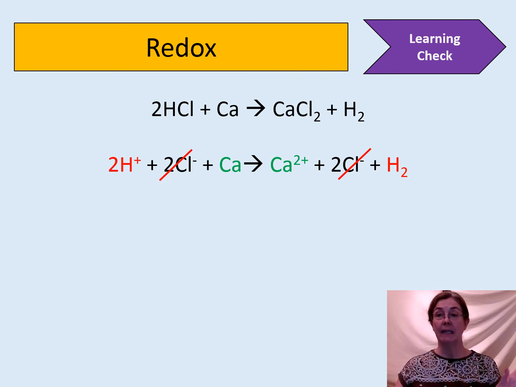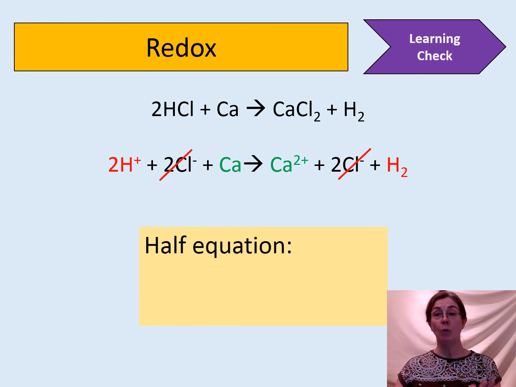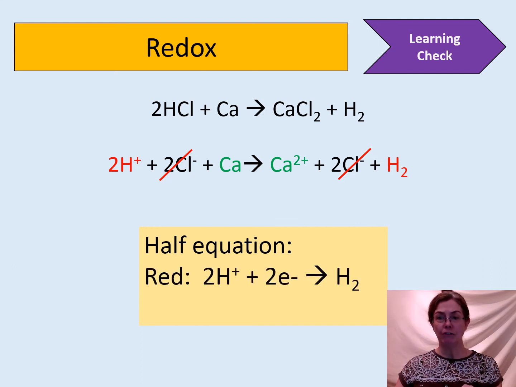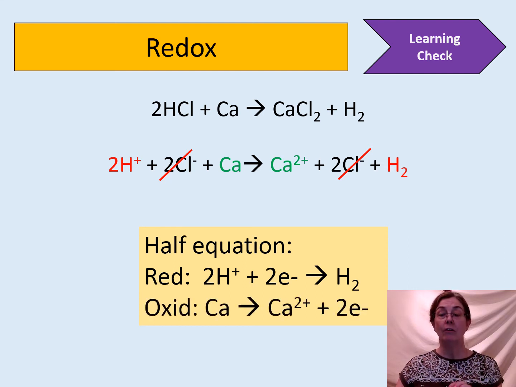So in this case it's the hydrogen ions that are changing, and the calcium is changing. So we split that into two half equations, two half reactions. The reduction reaction is where the hydrogen ions are gaining electrons to become hydrogen, and the oxidation reaction is where the calcium is losing electrons to become the calcium ion. And this is what I would expect to see at a higher level of question.